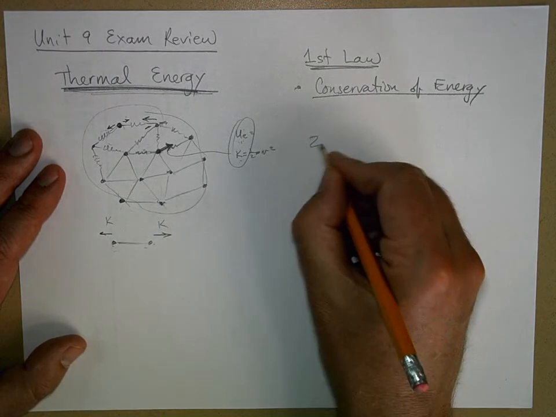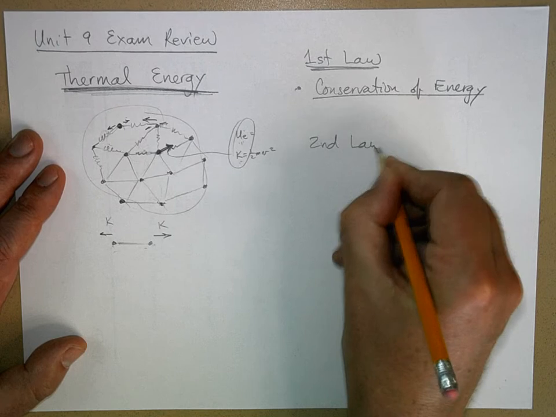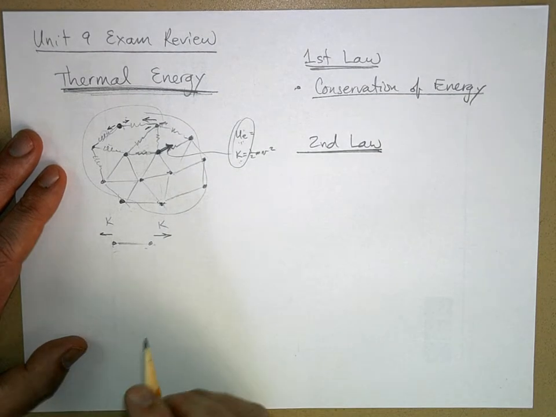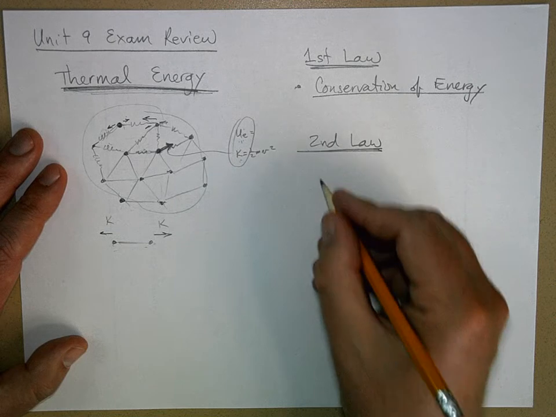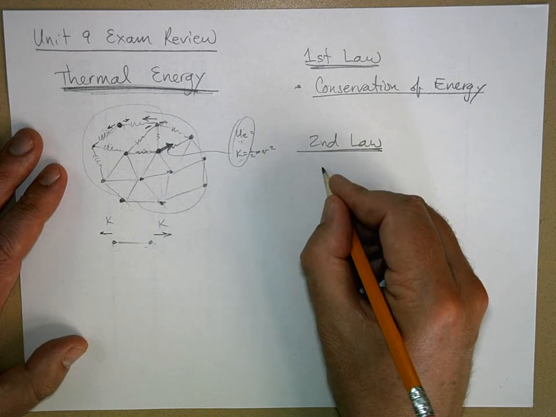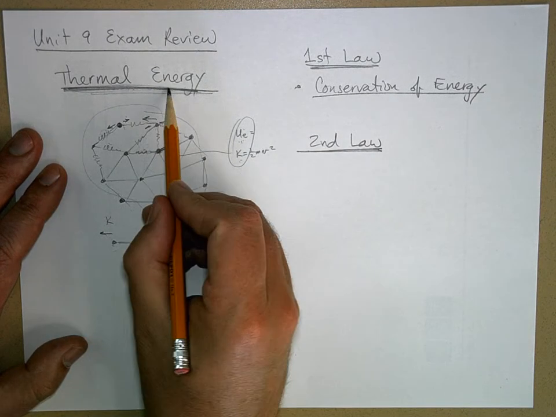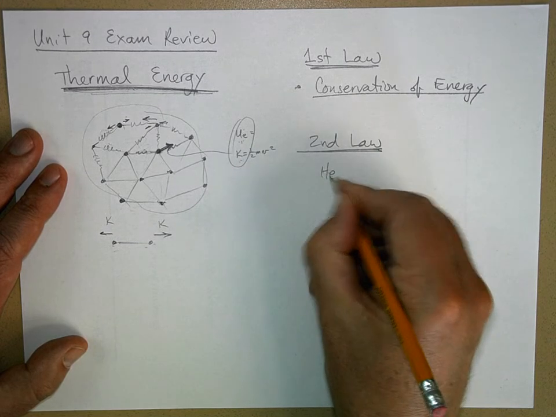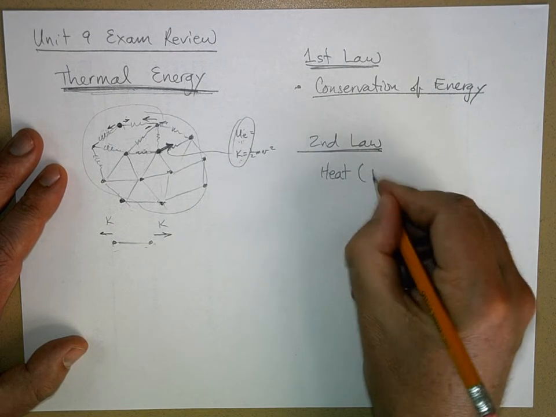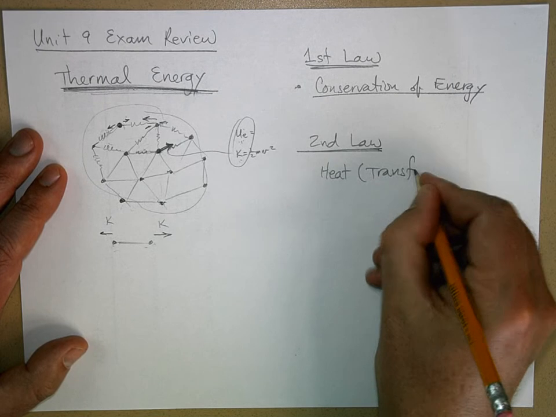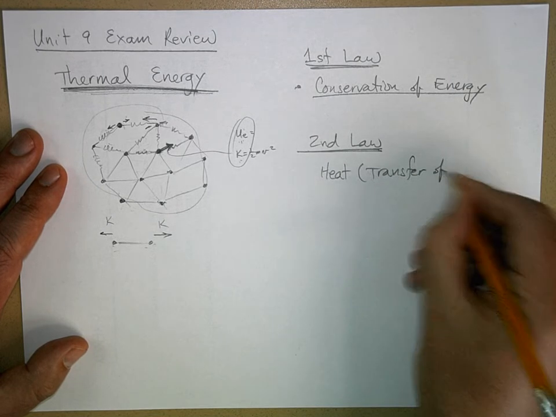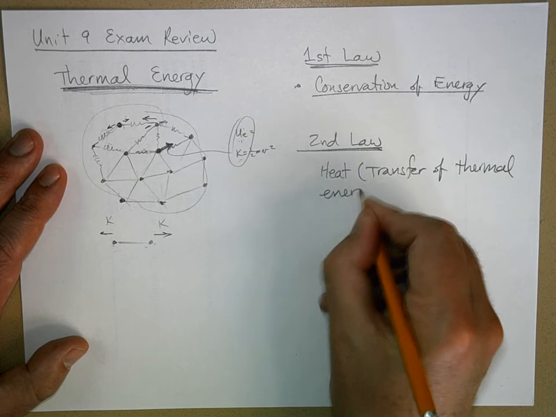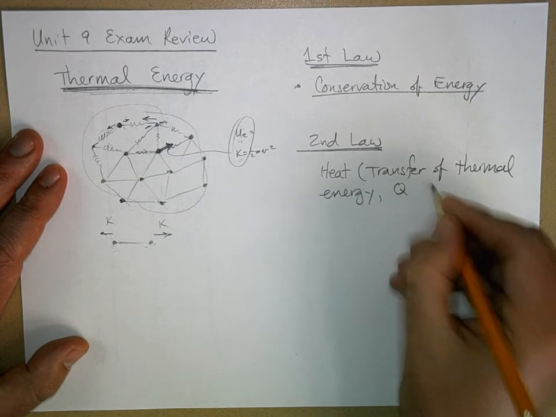The second law is a little more subtle, but also it just makes total sense. The second law says that the transfer of thermal energy, which we call heat, and we use the letter Q to represent heat.